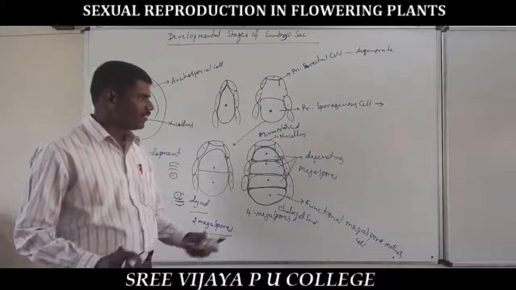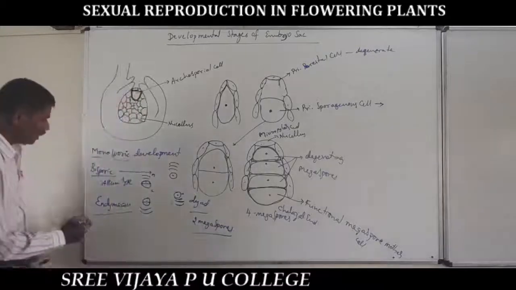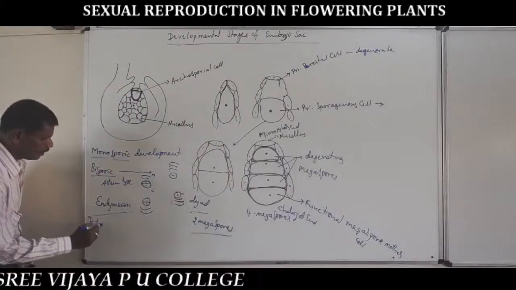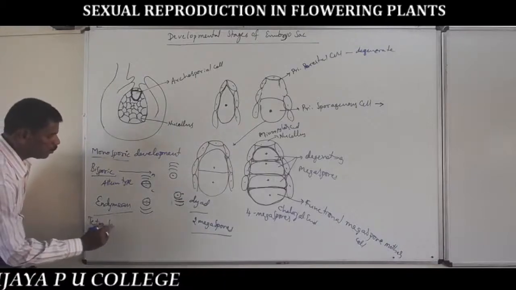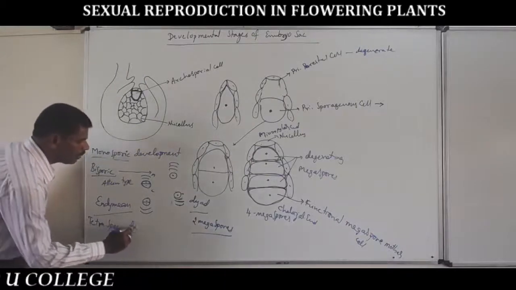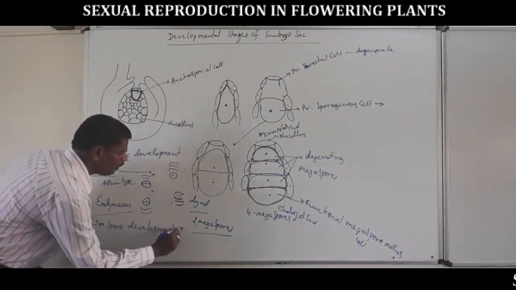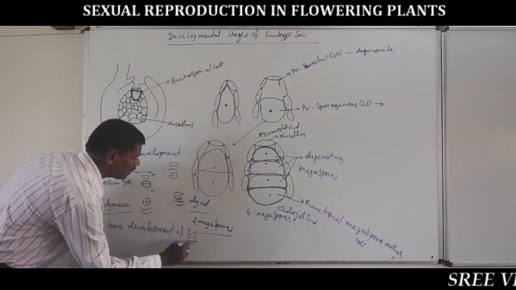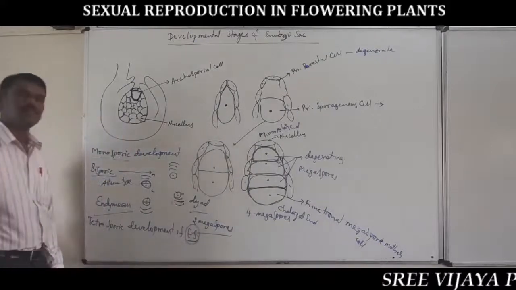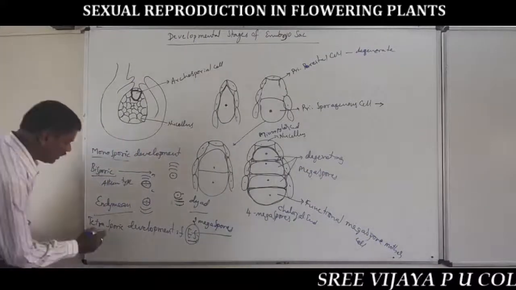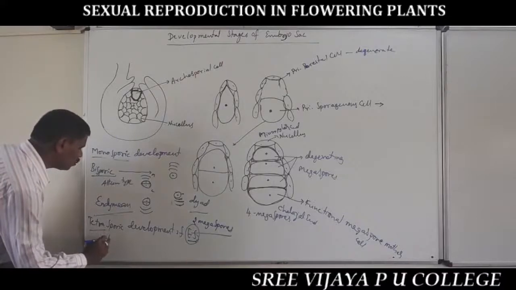Another one is called tetrasporic development of embryo sac. Tetra is nothing but all 4 functional megaspores.